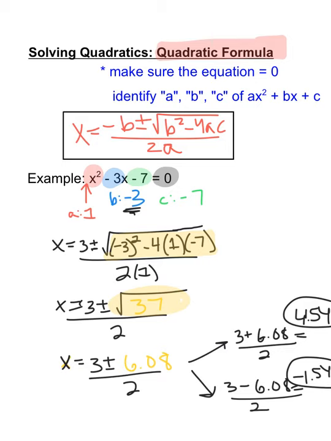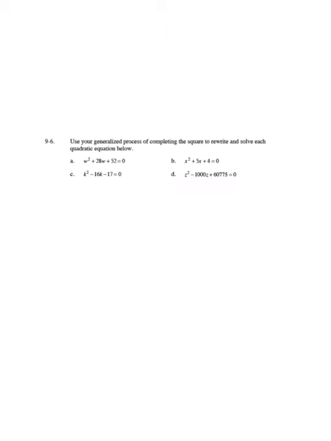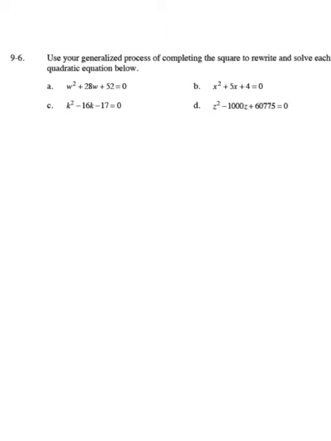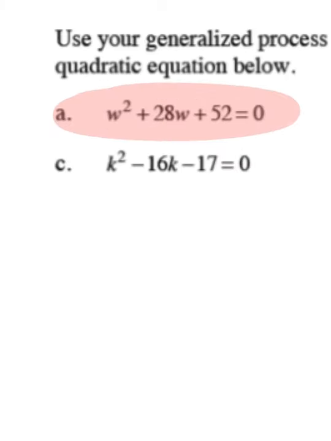The quadratic formula can be challenging, but as you do more examples, you get more comfortable. I'll do one more with you. This is one of your homework problems, and I will just do problem A. So the A, the number in front of the W squared, is a 1. The B is the number in front of the W, so that's 28.